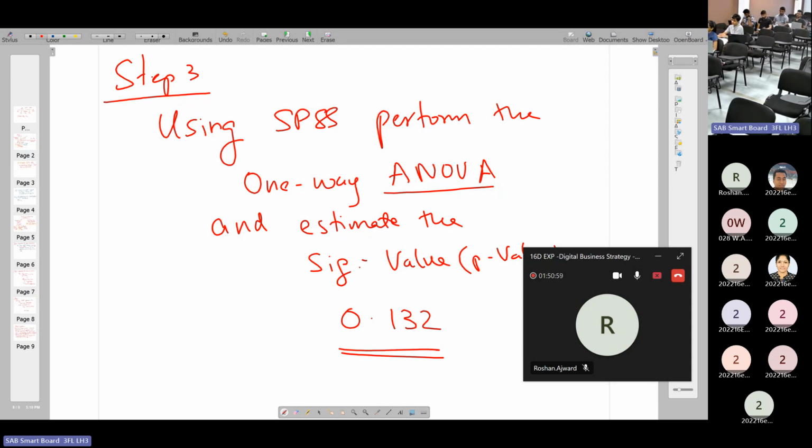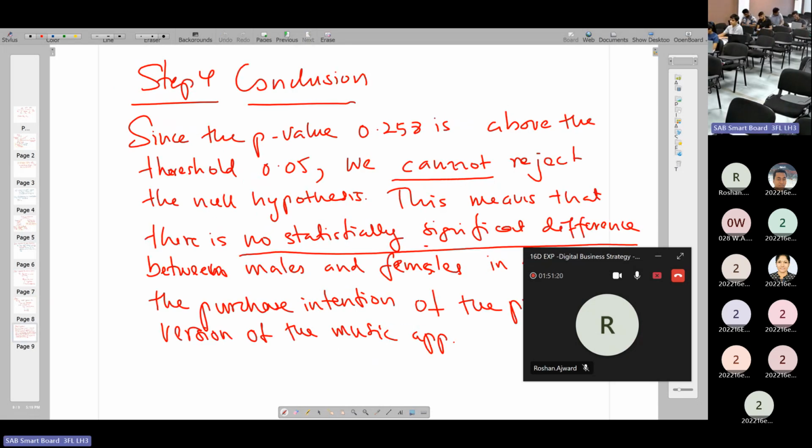It's above. So can you reject the null hypothesis? You can't. To reject the null hypothesis, it must be less than 0.05. Here it's more than 0.05. So we go to step number 4. Conclusion.